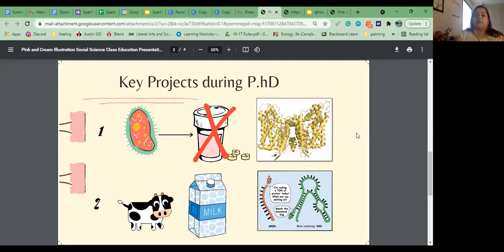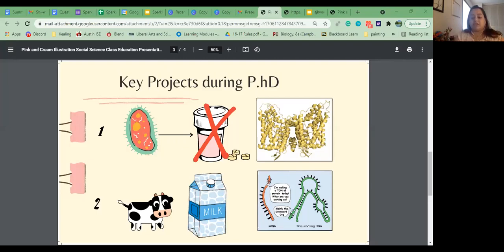They do that by using this protein, which you see on the right-hand side, the yellow colored protein. So during my research, I used simulations to understand how these proteins help throw drugs out of the bacterial cell, which in turn makes the bacteria antibiotic resistant. That was one of the main projects.